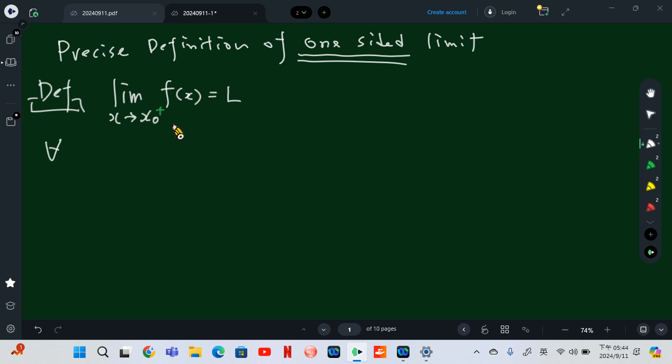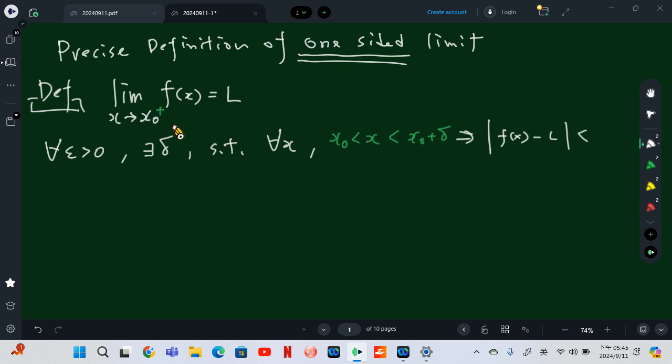The definition here is also for any epsilon, we always can find a delta, so it's quite similar, right? Such that for all x, if x is between x0 and x0 plus delta, then we always can get the distance between f(x) and L less than epsilon. So you can just have a simple comparison here.